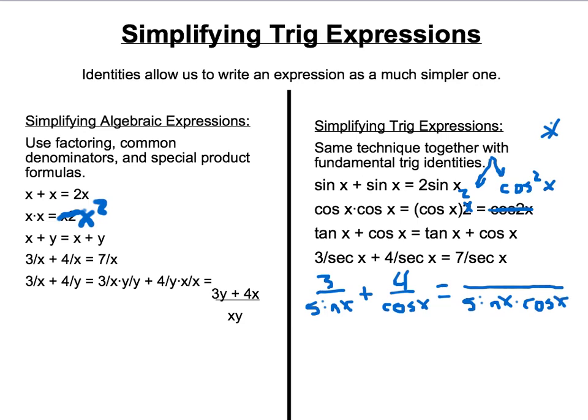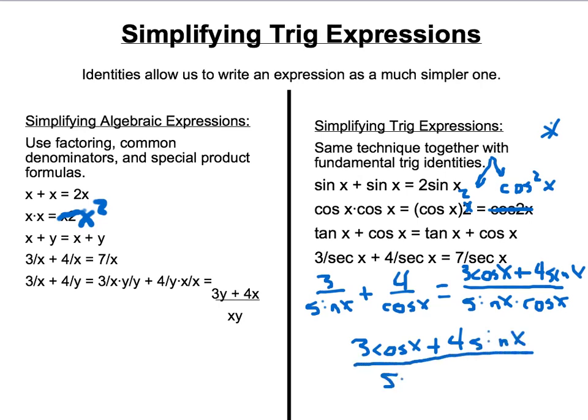To get that, I would have to multiply the first fraction by cosine over cosine, which leaves me in the numerator 3 cosine of x, plus, over on the right side fraction, I would have to multiply by sine over sine, and so that's 4 sine of x. Let me write that a little clearer here: 3 cosine of x plus 4 sine of x, all over sine of x times cosine of x.